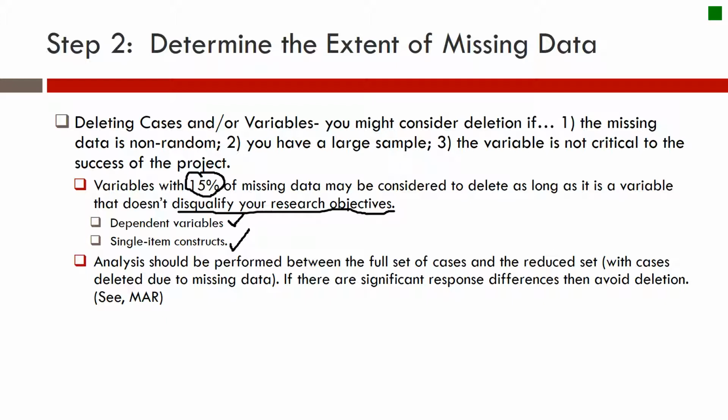If that's the case, we can usually drop a few items and it's not going to be a problem. Okay, so those are examples then of when we feel okay to be able to do this.